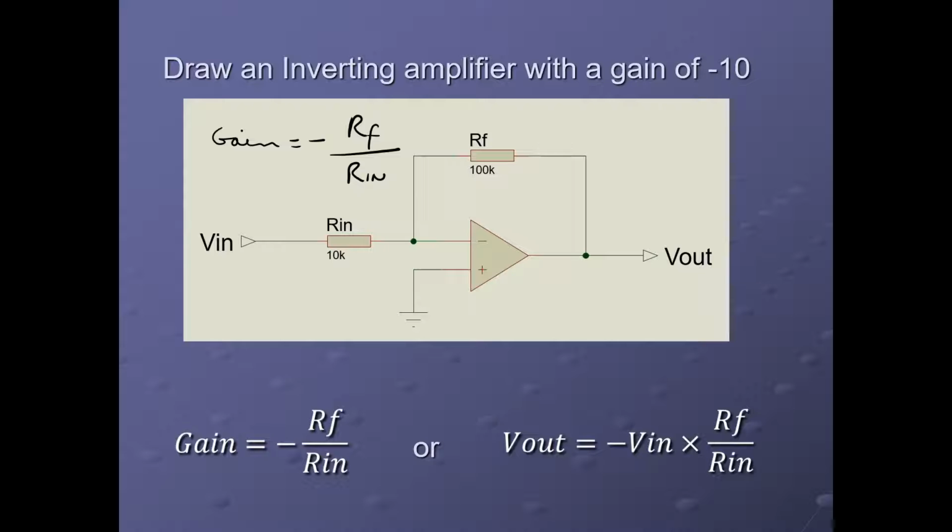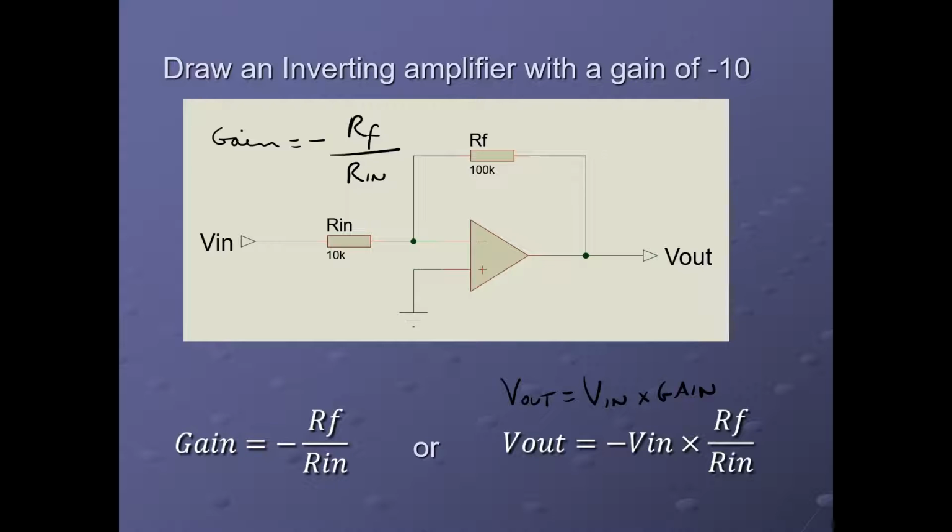Another way to write it is that the output voltage Vout is equal to whatever's going in times the gain. So I'll just write that slightly differently here. The output voltage is whatever's going in, Vin, multiplied by the gain.